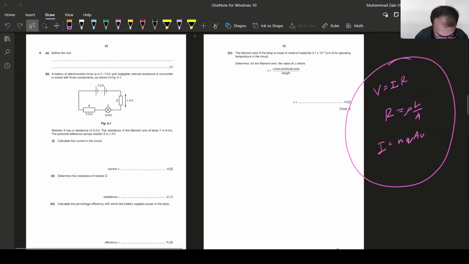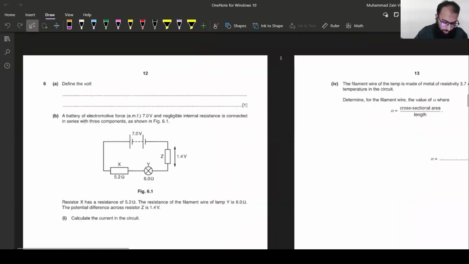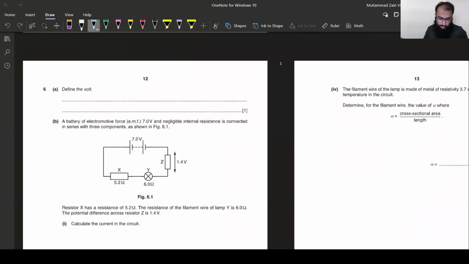Okay, so now the question is: define the volt. Do I know the formula for voltage? Can you tell me the formula for voltage? V is equal to IR. And then there's another formula, the relationship between V and the work done by charge.